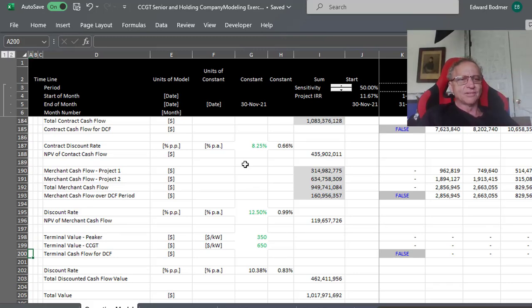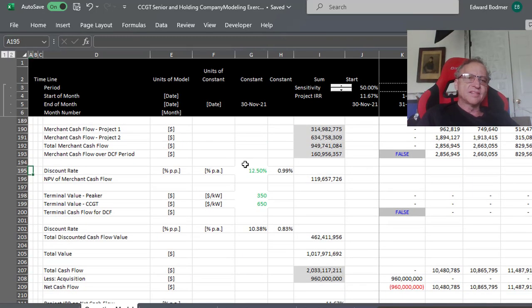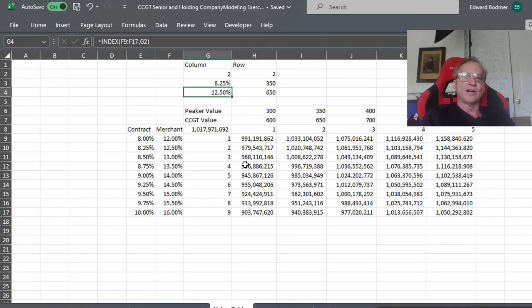Oh, okay. Now, when you put these discount rates in, we want these discount rates to be able to create this data table. So what I did here was I said, okay, let's make a little thing here where we have different discount rates that vary and different values that vary.